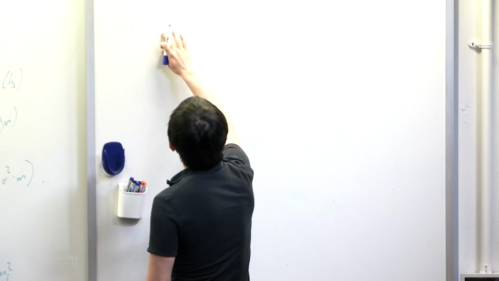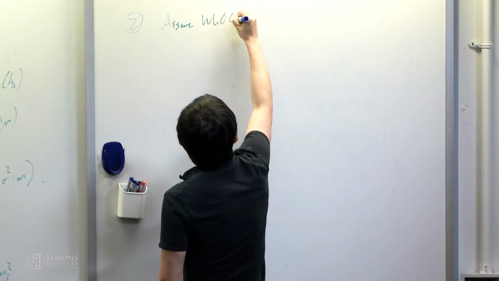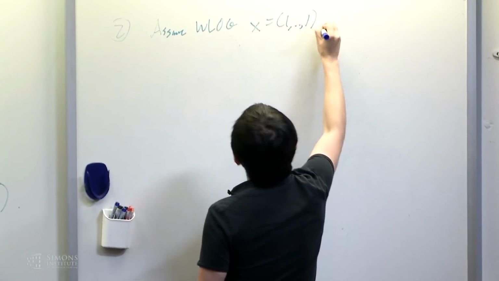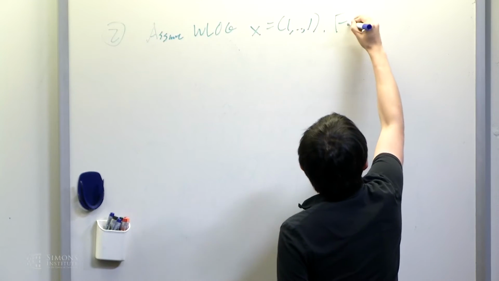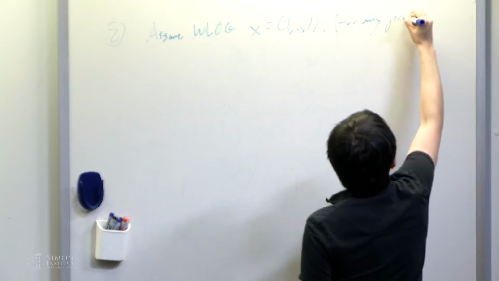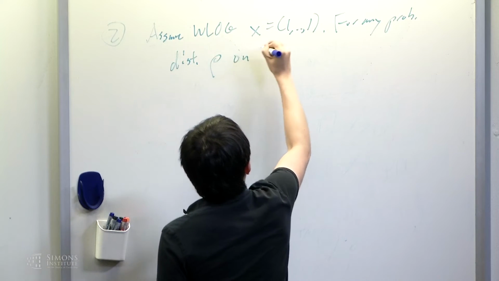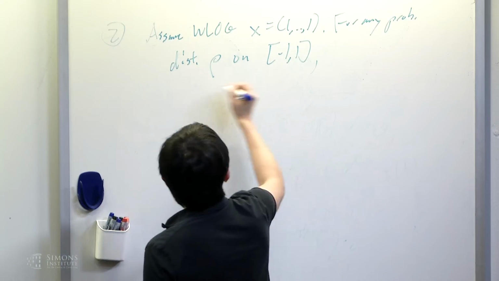Okay, so for the proof of this result, for simplicity, let me just assume without loss of generality that the true vector x is just all ones. This is just for notational convenience. And what I'll define is, for any probability distribution, let me call it rho, on this interval -1 to 1, I'm going to define 4 linear functionals of rho.